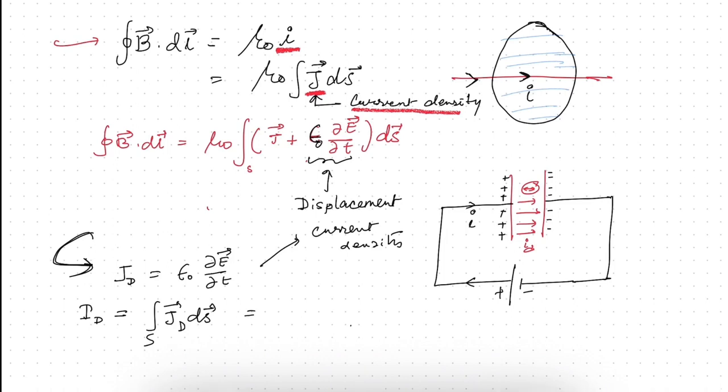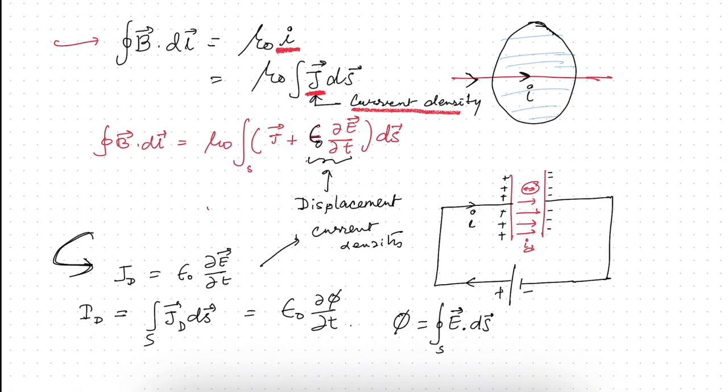And that will be epsilon naught del phi by del t, because phi is nothing but the surface integral of E dot dS.